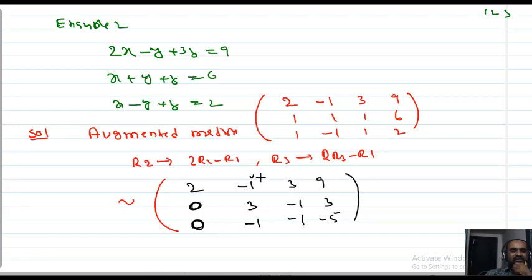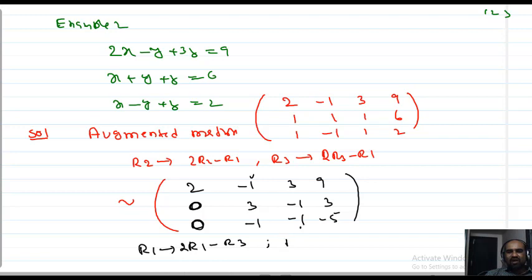Here directly I can make 0 if you add these two, subtract these two. In R2 here you can make 0. Okay. After that, while adding this here, while subtracting this here also we will make a 0 directly. That's what I am doing now. R1 changed as, sorry, 2R1 minus R3 I can say.